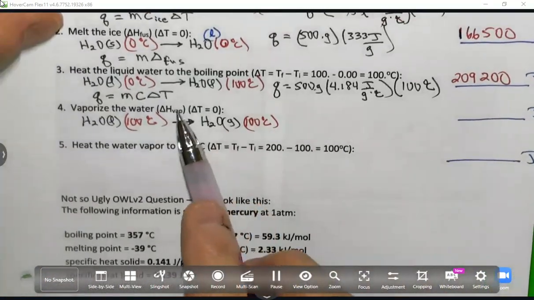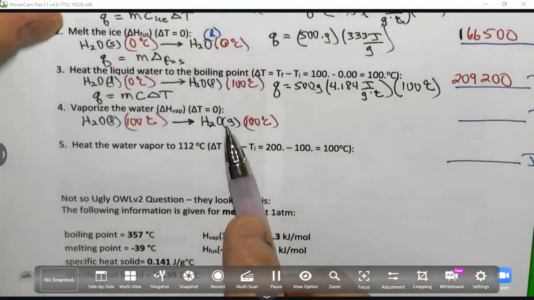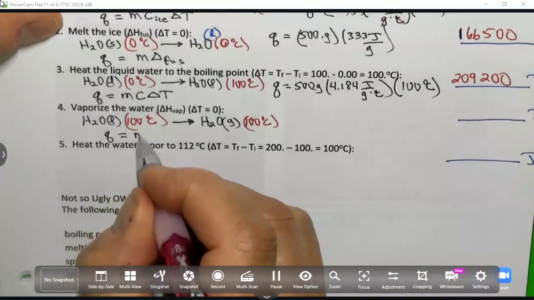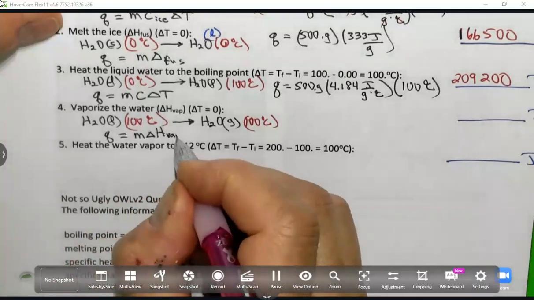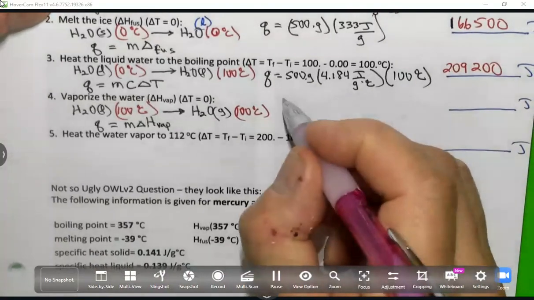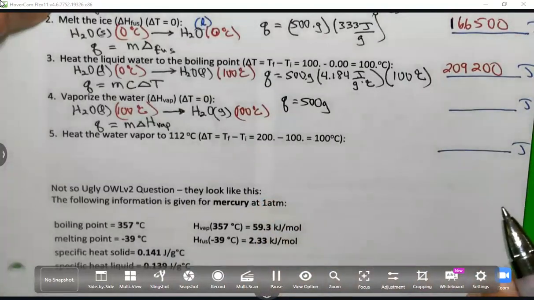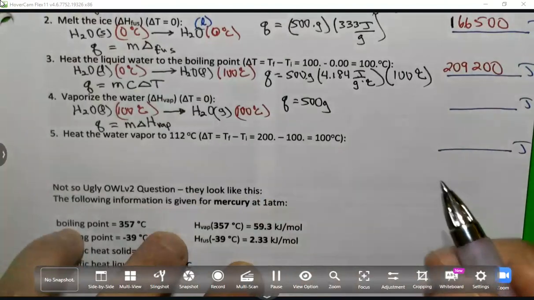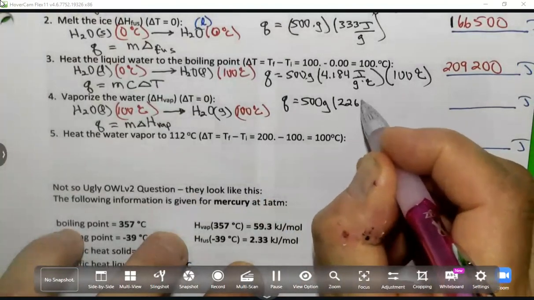This is the enthalpy of vaporization then. I'm going to turn it into vapor, a gas. No temperature change. So Q is equal to M times the enthalpy of vaporization. 500 grams, and the enthalpy of vaporization is 2260.